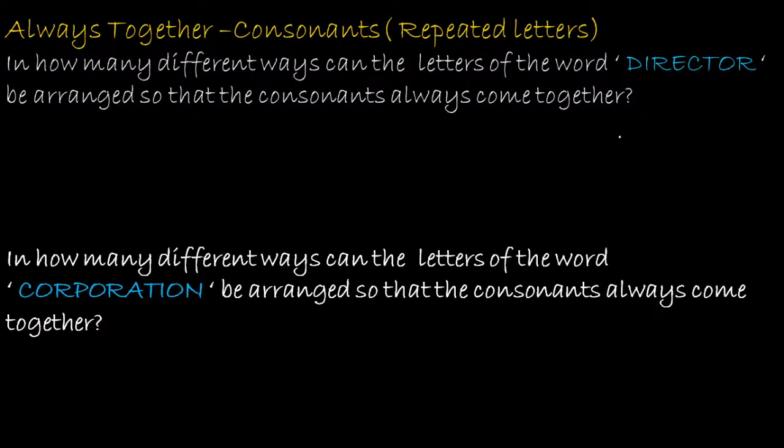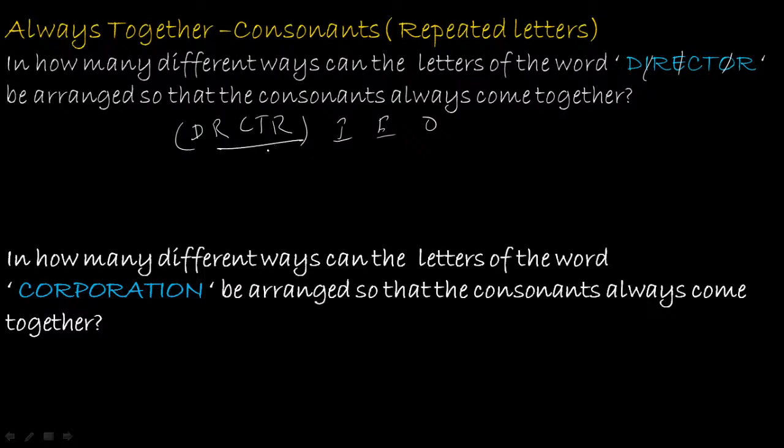Look at the word director. I, E, O, these 3 are vowels. So the remaining are consonants, you have to club them as one letter, that is D, R, C, T, R. So take it as one entry.